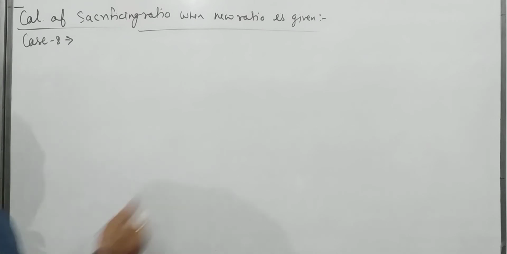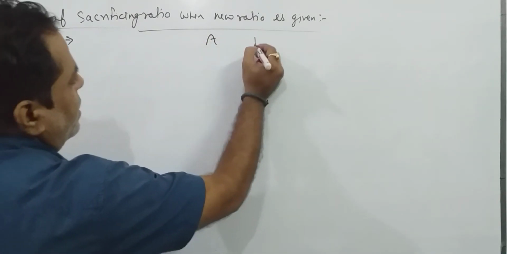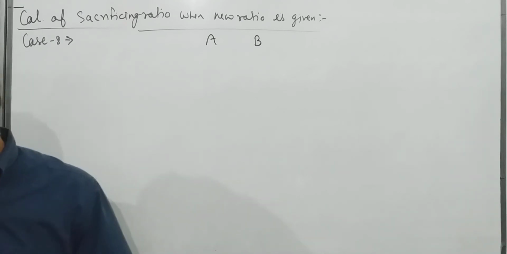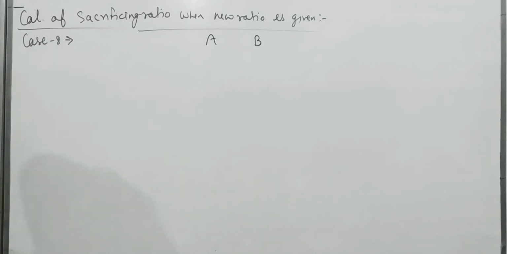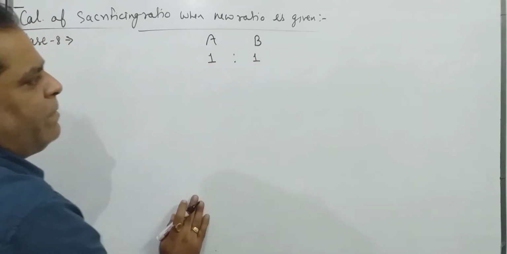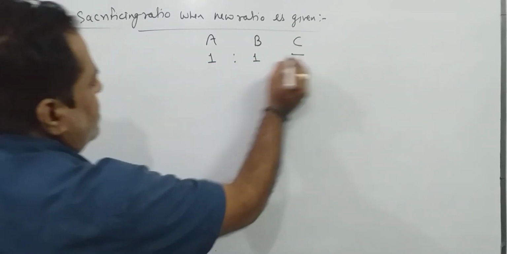See carefully. Suppose there are two partners, A and B, and they are partners in the ratio of 1:1. This is my old ratio.